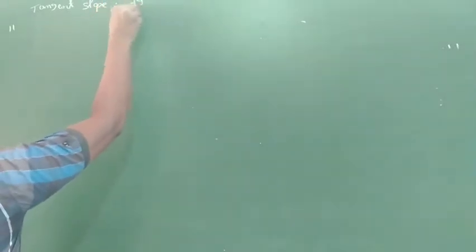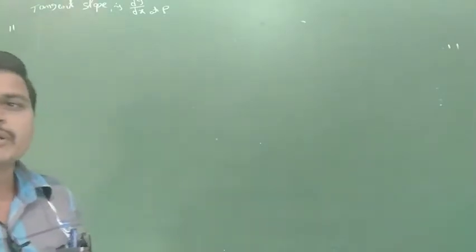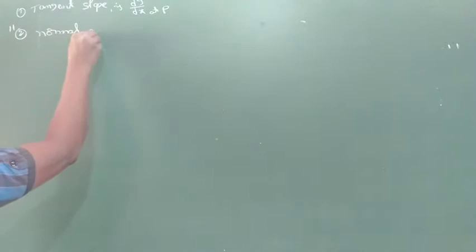What is the normal slope? What is the tangent slope? Tangent slope is dy by dx at P. Tangent slope means we differentiate the given curve with respect to x at P. Second one, normal slope.